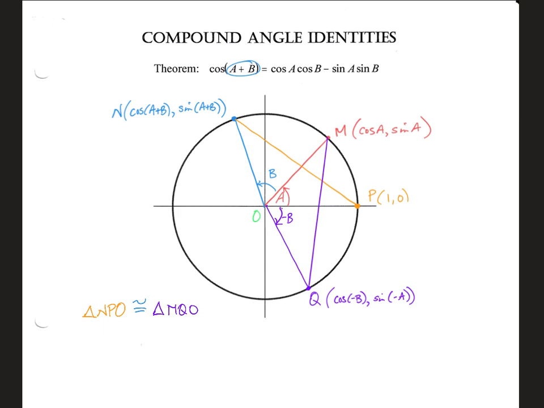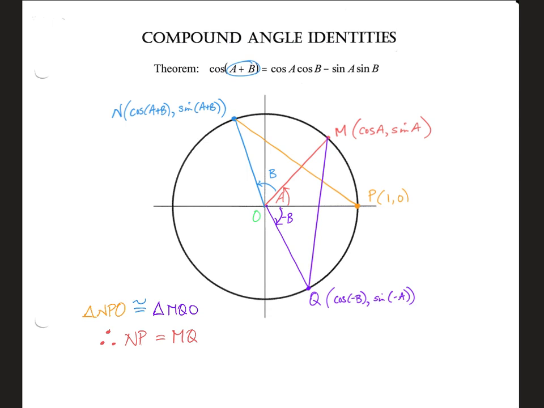Because it allows us to draw this most important conclusion: that the length of NP has to be exactly the same as the length of MQ. And so what we can do is examine the length of NP and the length of MQ, set them equal, and see where that takes us.